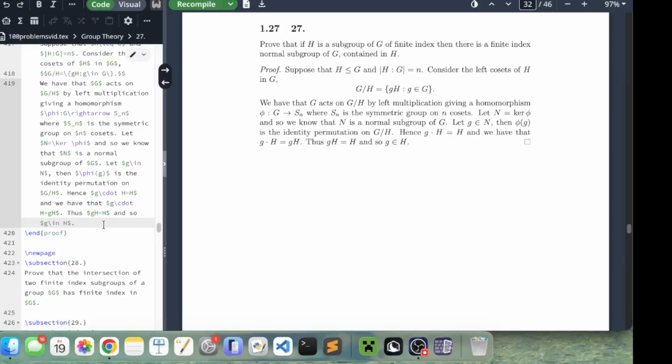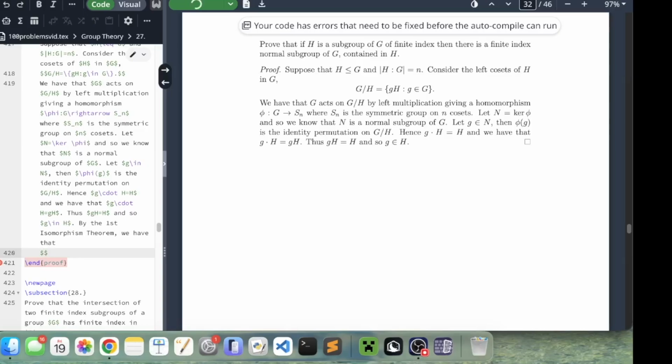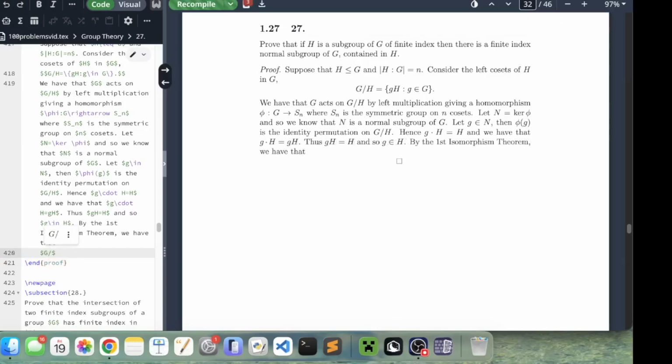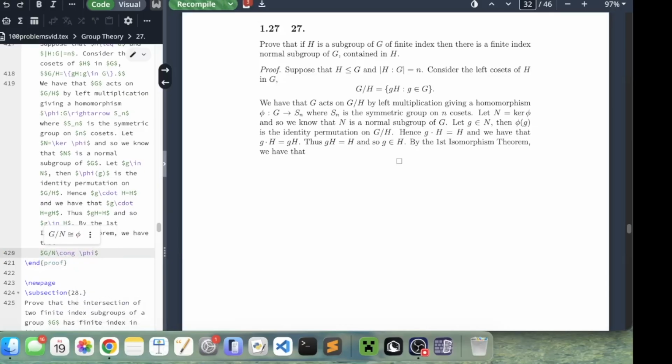Now we just want to show that it has finite index, and so we're going to invoke the first isomorphism theorem. We have that G over N is isomorphic to the image, which is a subgroup of S_n.